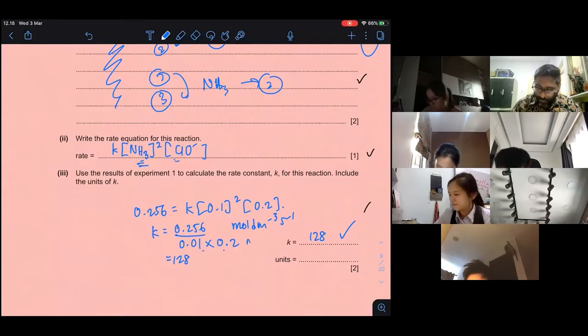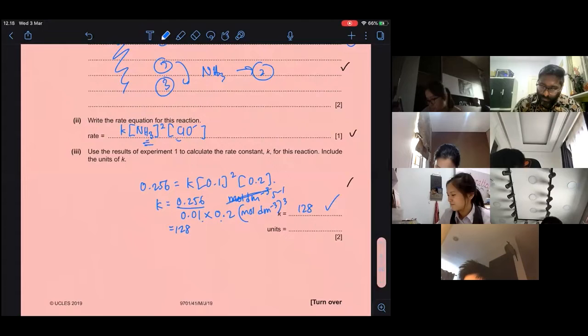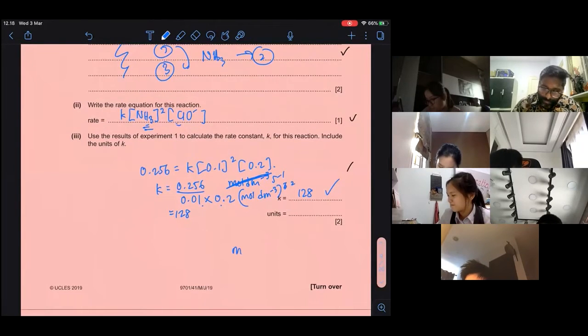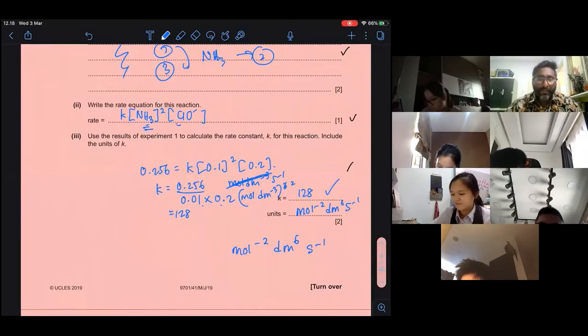So mole dm negative 3 to the power of 3. Cancel this, then left with 2. So I'm going to have mole negative 2 dm positive 6 per second. That will be the answer.